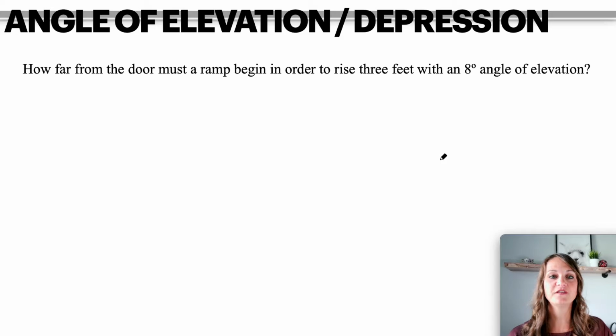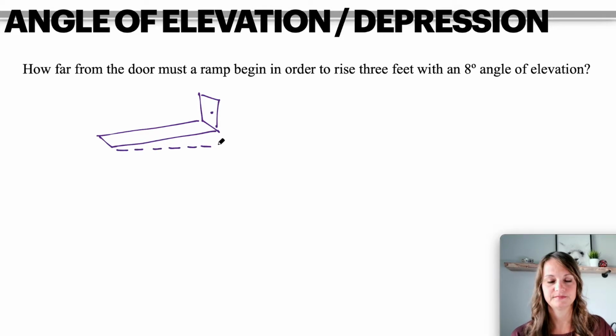Next, how far from the door must a ramp begin in order to rise 3 feet with an 8-degree angle of elevation? So if we have a door, that's our door, and we have some ramp. That would become our right angle.